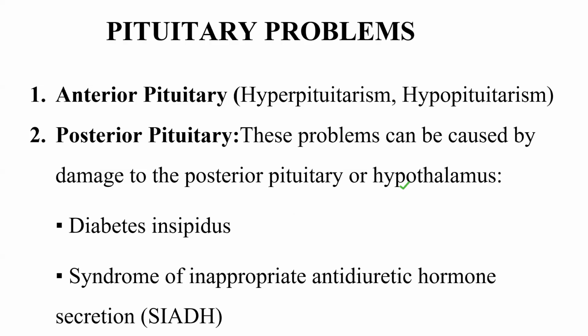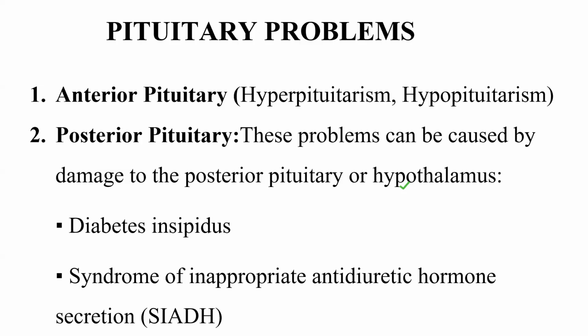But for the posterior aspect, the problem can be caused by damage to the posterior pituitary or the hypothalamus. For the pituitary gland, there are basically two problems involved. It could either be problems with the anterior region or problems with the posterior region.